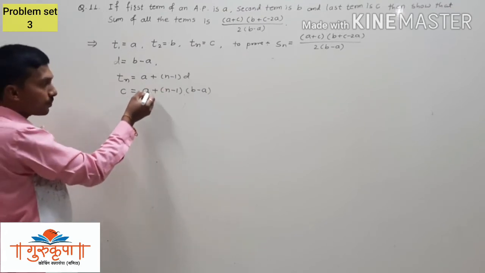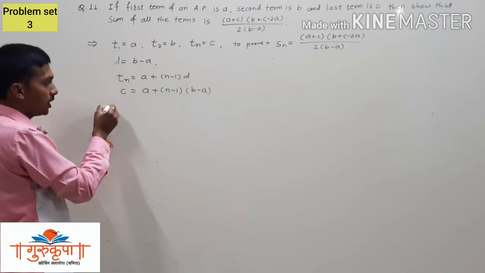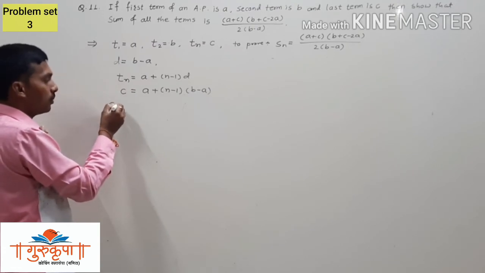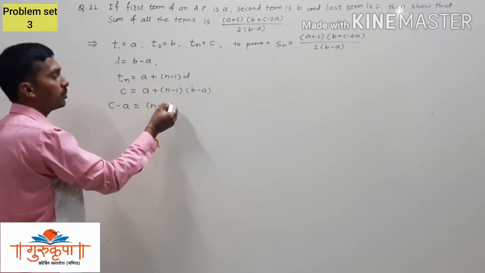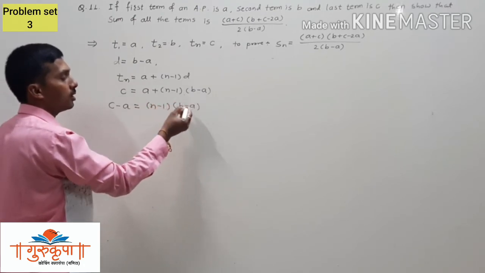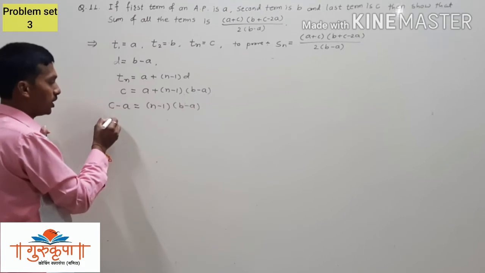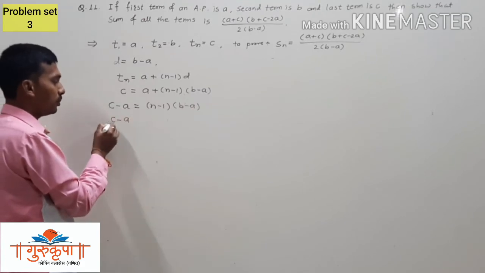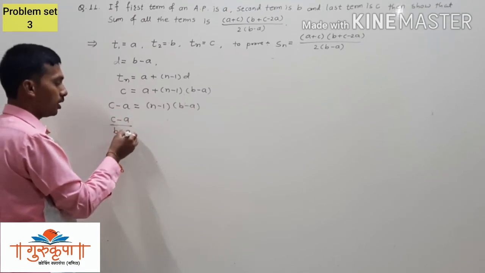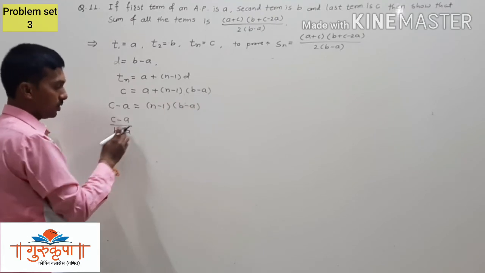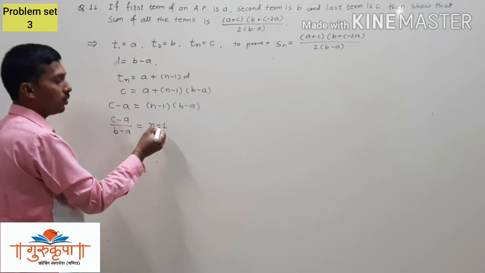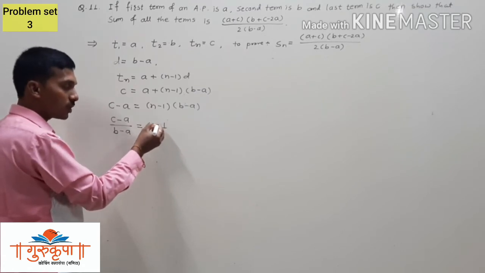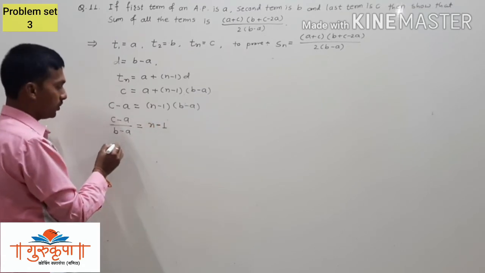We transfer this a to the right side, that is c minus a is equal to n minus 1 into b minus a. Now transfer this bracket to the left side, so we use c minus a upon b minus a. Here b minus a is in multiplication, so it goes into division, and we have n minus 1. Now for finding the value of n, we transfer this minus 1 to the left side.